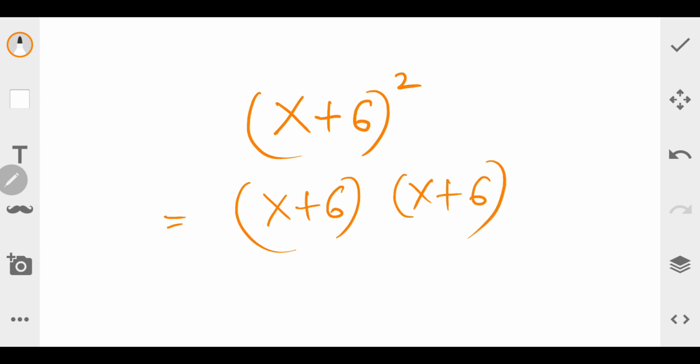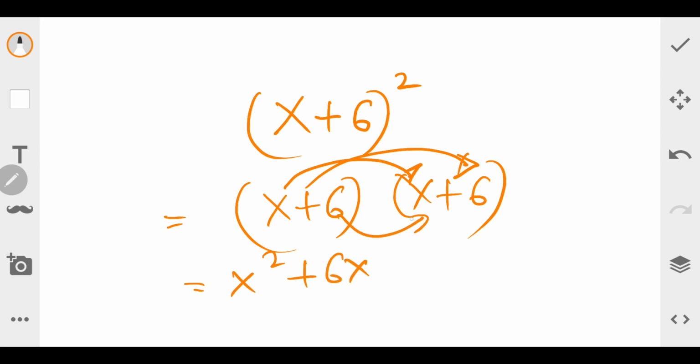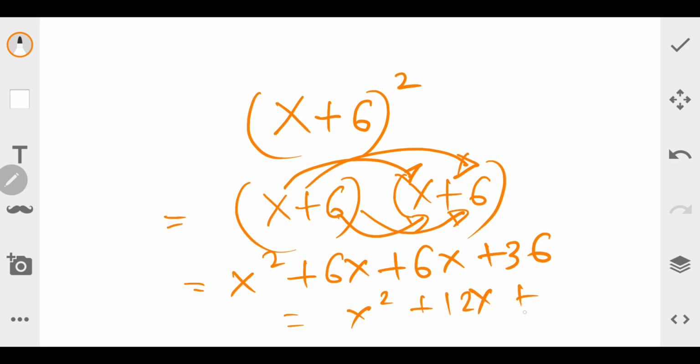So x plus 6 squared should be x plus 6 times x plus 6, and then you can just use the FOIL. So x times x first, outer, I'm going to get x squared plus 6x, inner, another 6x, and last, 6 times 6 is 36, and you're going to get x squared plus 12x plus 36. Okay, so that's how FOIL works.